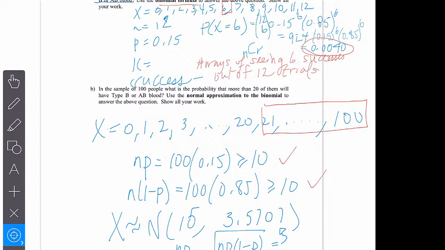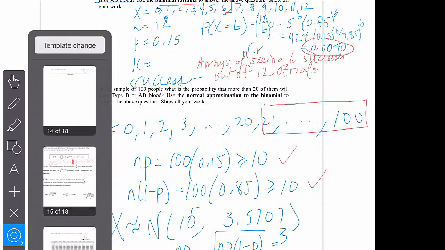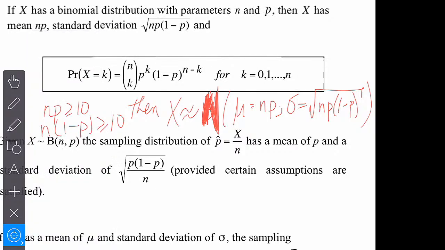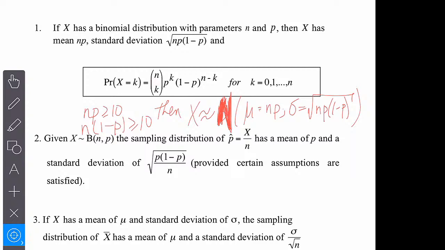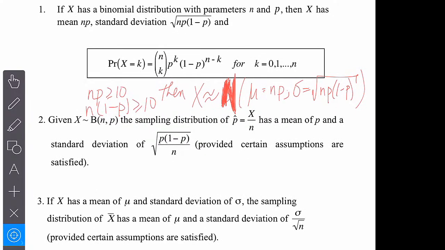And I used from the formula sheet this result, which I derived in the videos, where this comes from. So what if you don't want the number of successes, so this is for number of successes, or what I call x. Let me say, this is for the count variable x.